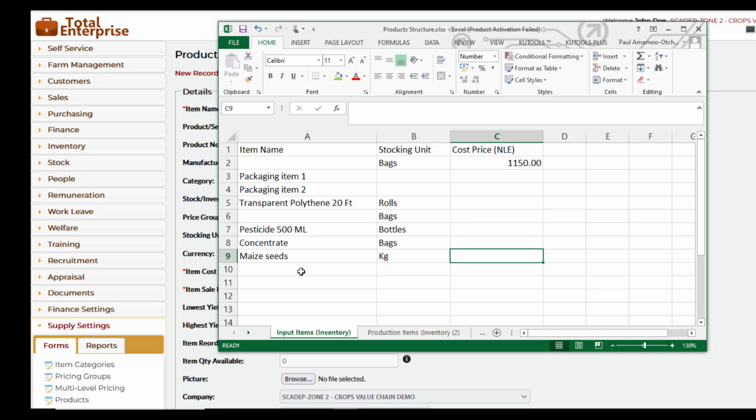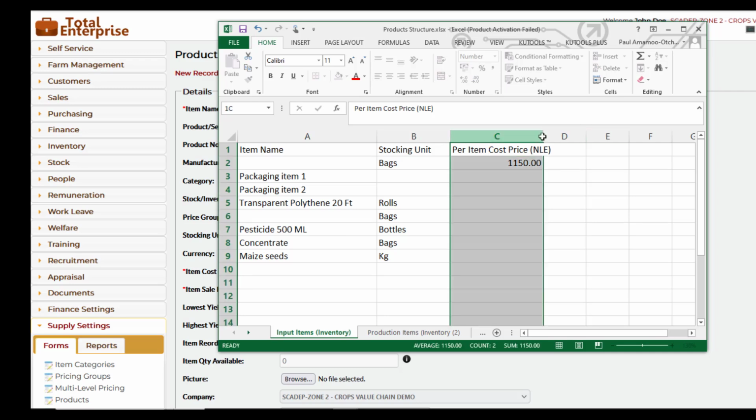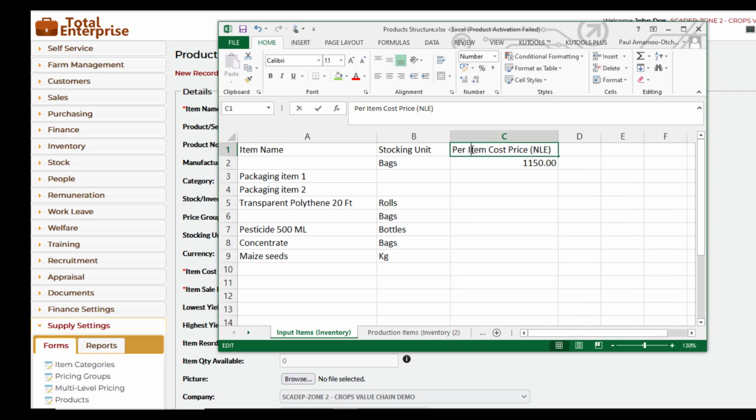So you're going to put the unit cost per kg into cost price, because the cost price here is actually the per item cost price, or in other words, the per unit cost price. So this is the per bag cost price. This is where I had concentrate 50 kg.